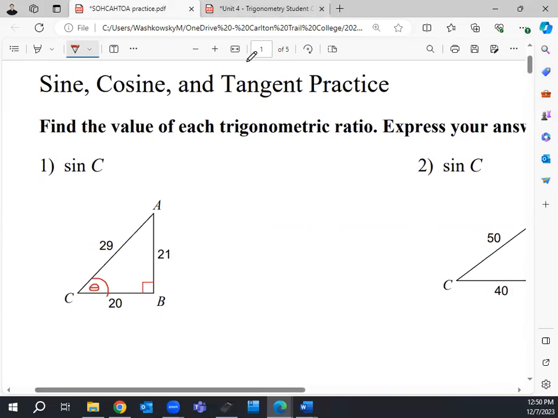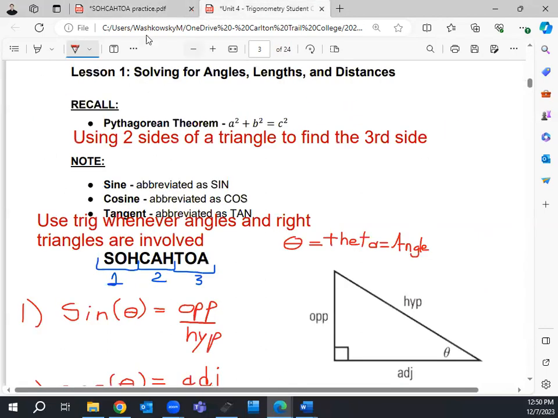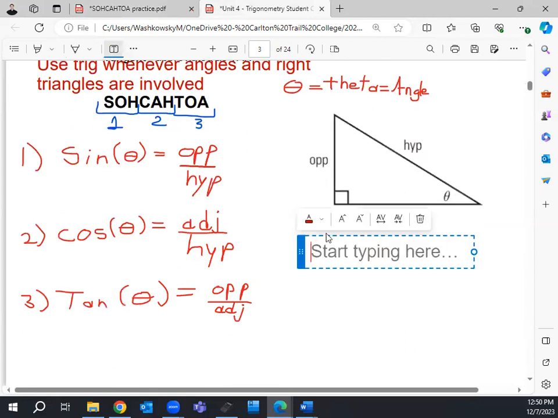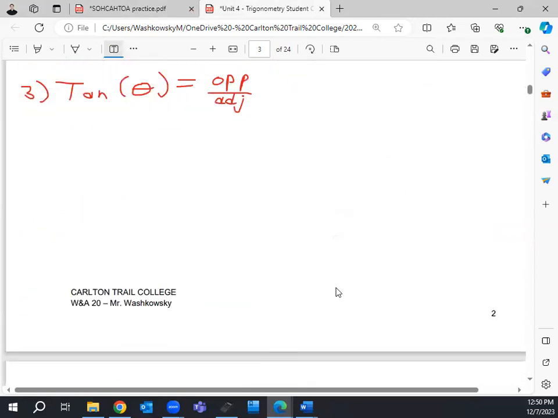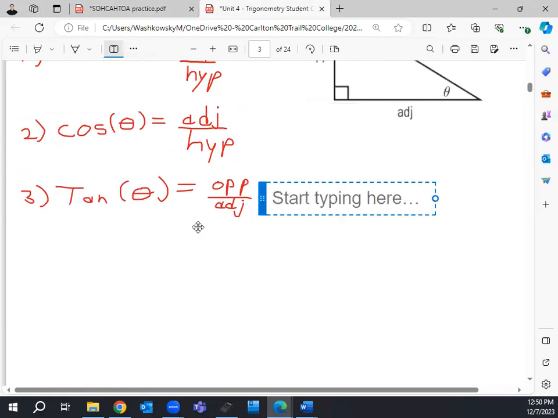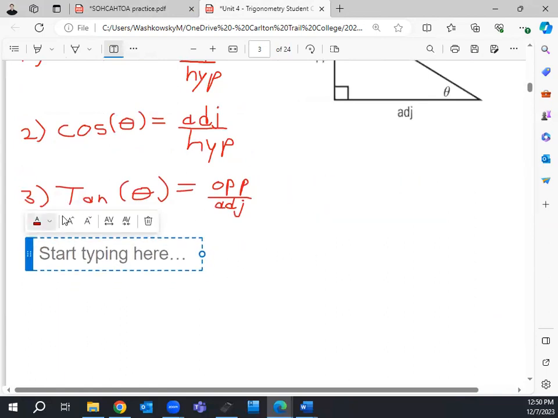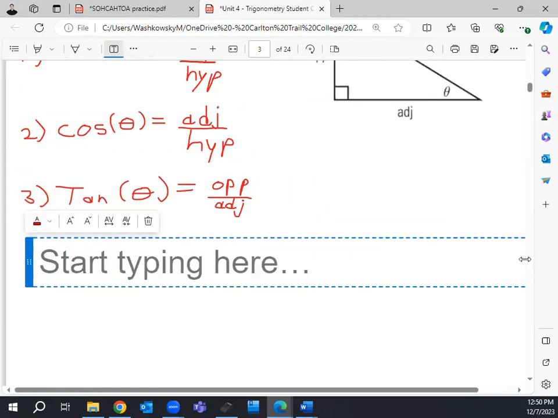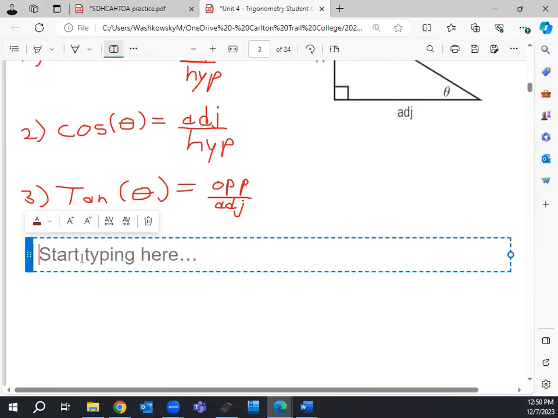So the first thing I need to do, I'm going to go back to my other page and write our steps out. I'm going to go down here and do it so I can make it a little bit bigger for you. You can write it up beside that triangle if you want. So step one is, just like before, we need to label the triangle.